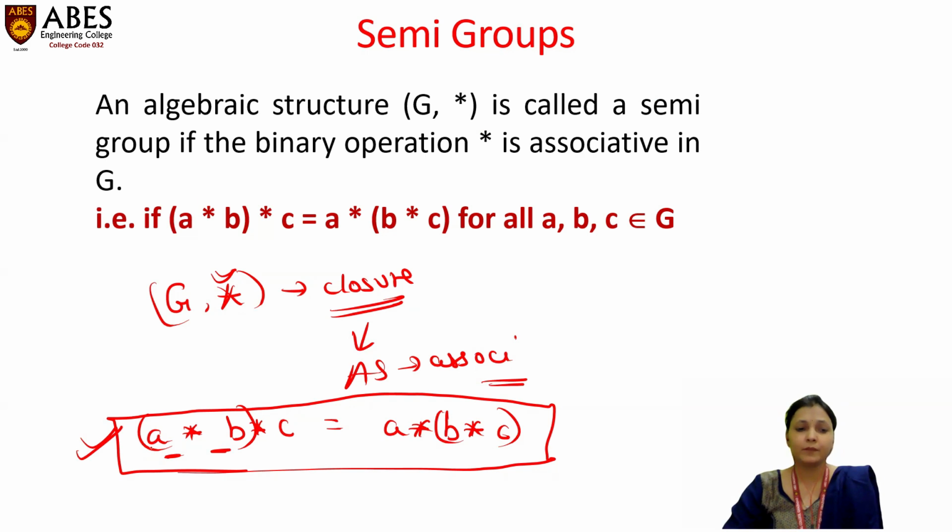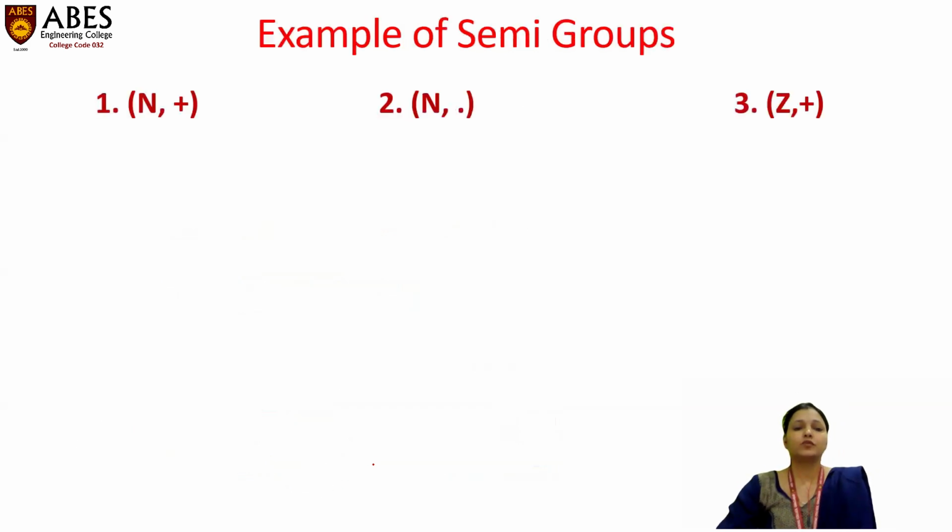Here I am applying the operation between A and B first and then with C. Here I have applied the operation between B and C first and then with A. If we get the same result on changing the association, then the associative property is satisfied.